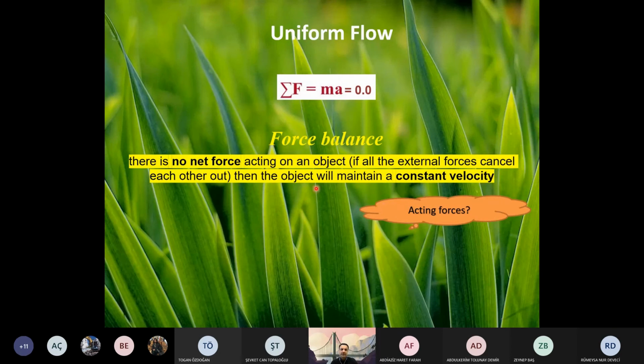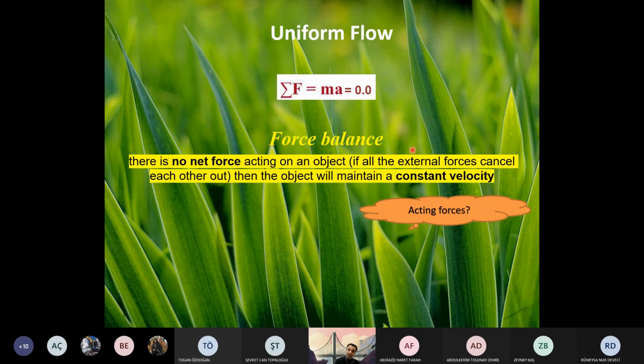So now the question is, which forces act on the flow or on a body of water in a river? Any idea? Gravitational force. Yes. You remember that last session I said that the main force for motion of water in natural channels is gravitational force.